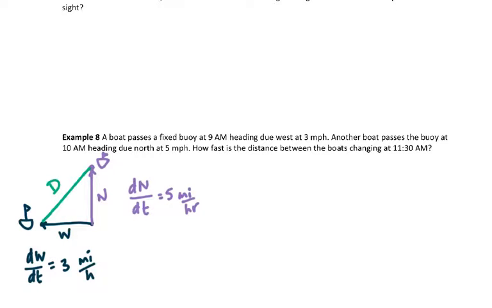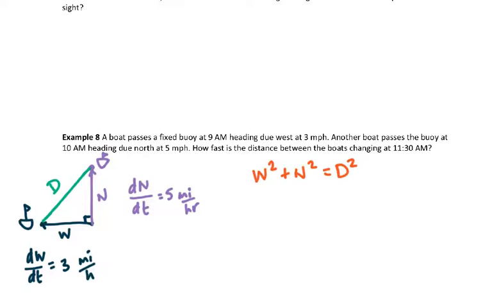We're working with a right triangle because it's north and west, and they want the distance between them, so we're going to be using Pythagorean theorem. That would be W squared plus N squared equals D squared.